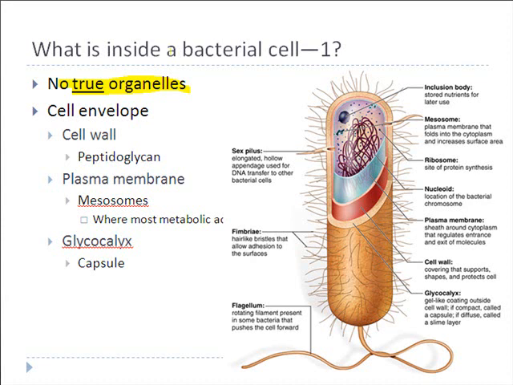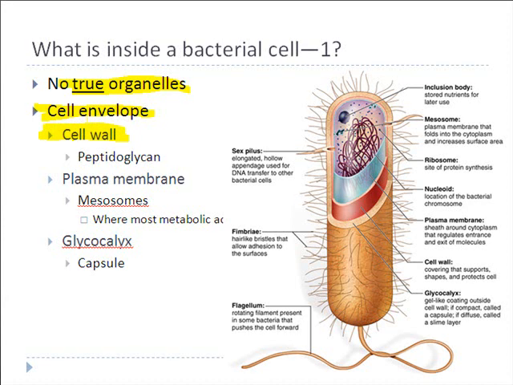Well, let's start from the outside of the cell and we'll work our way inward to the interior. And we'll start on the outside with the cell envelope, or the outer covering or container of the cell. And that cell envelope, depending on the type of bacterial species, can have different types of exterior components. A common feature of all bacteria is the presence of this thing called a cell wall.